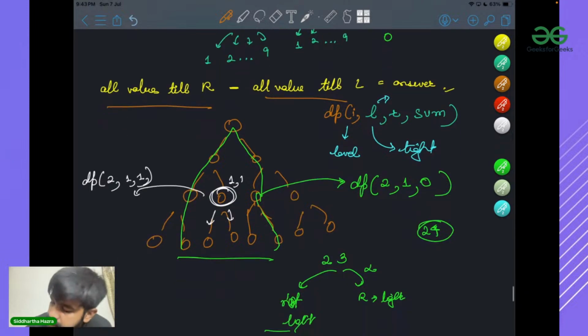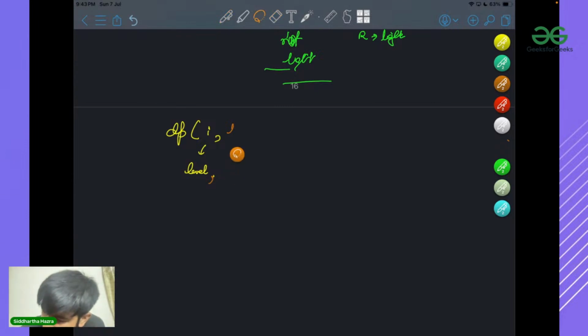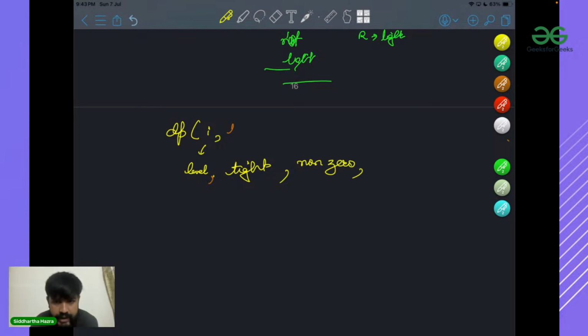Then we have the next constraint as tight also, and the very next constraint we have is non-zero, and the next constraint we have is sum of digits.